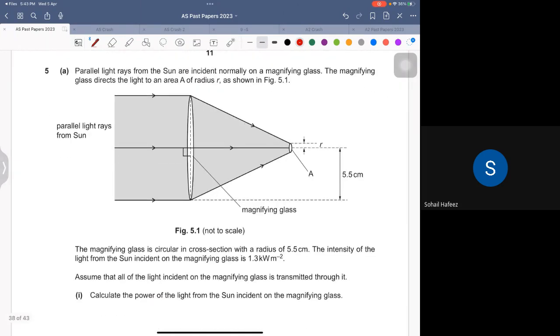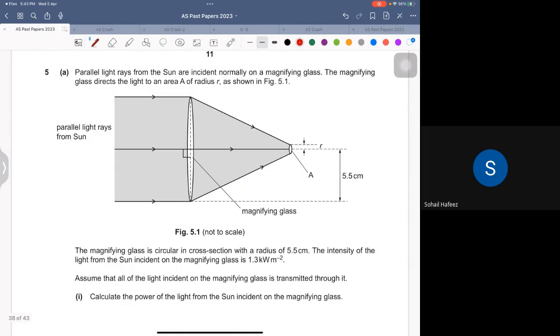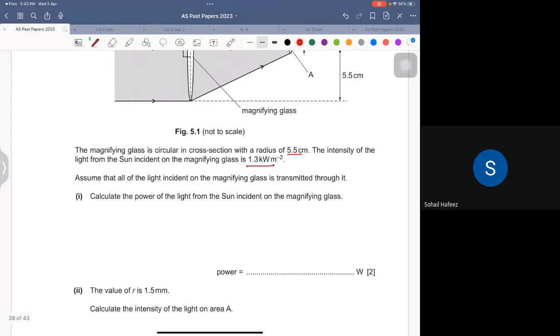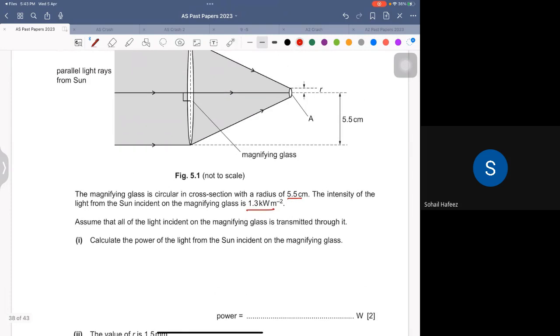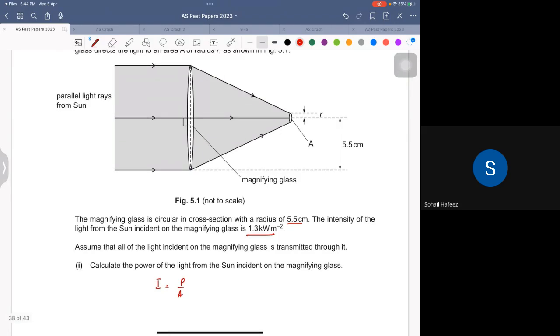Then, this one. In this one, it says the radius is 5.5. The intensity of the sun on the magnifying glass is this. Assume all the light incident on the magnifying glass is transmitted through it. Calculate the power. Intensity is basically power over area, if you don't know, and 5.5 is the radius.